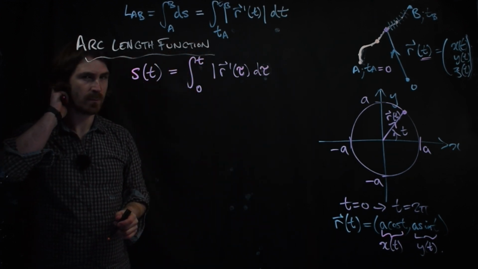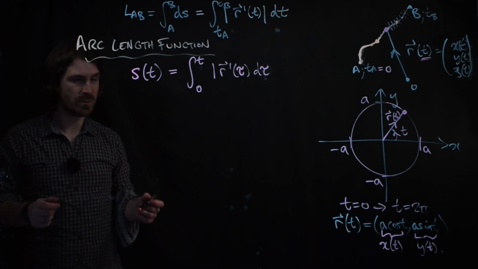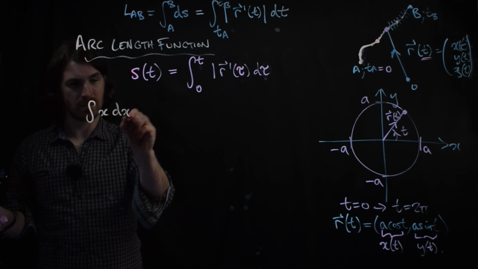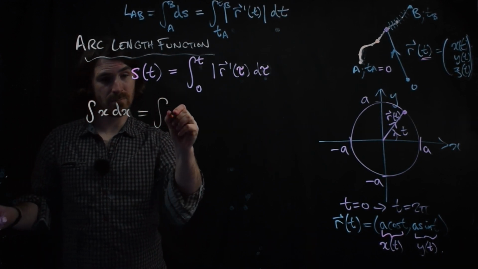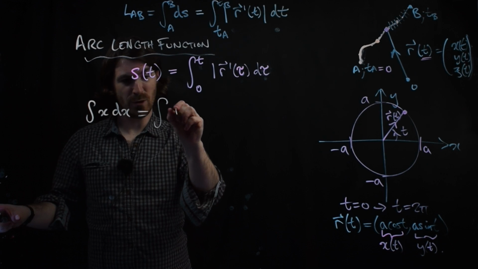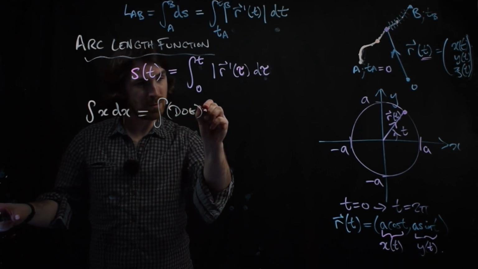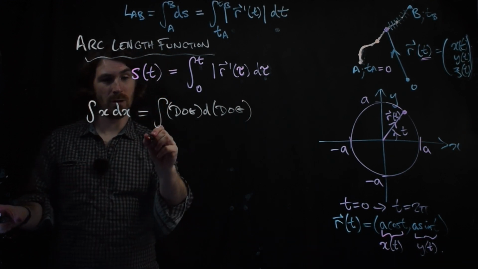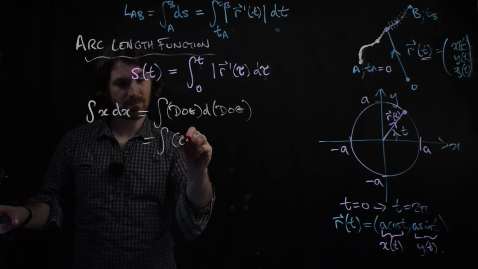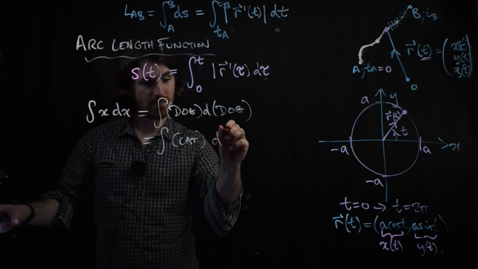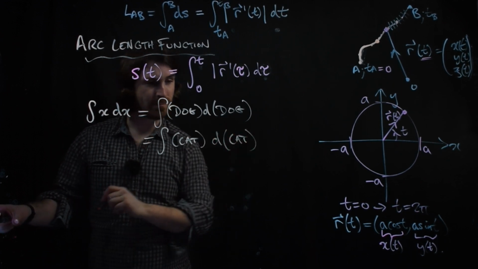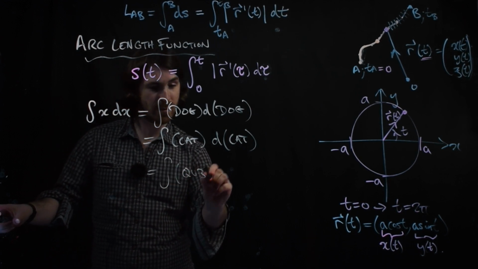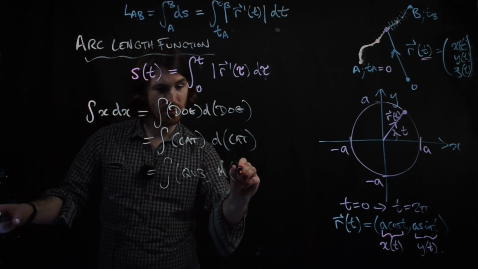Okay, so what I did there was basically say that the integral of x dx can be written as the integral of dog d dog, or the integral of cat d cat, or the integral of qub d qub.